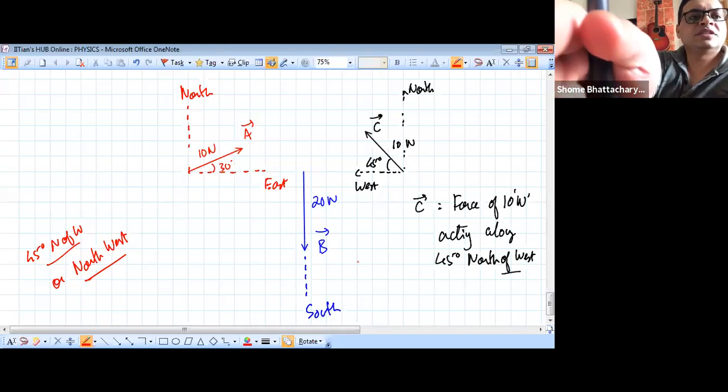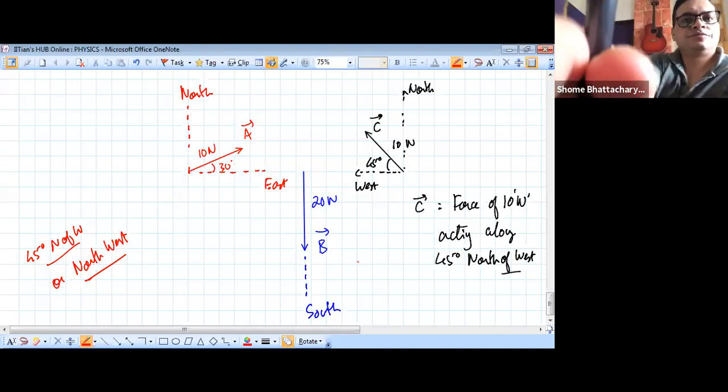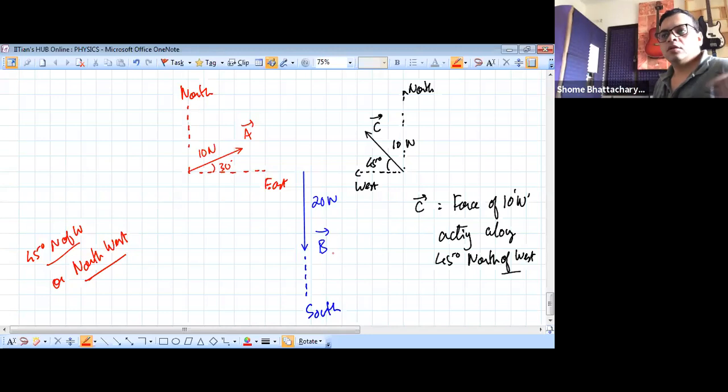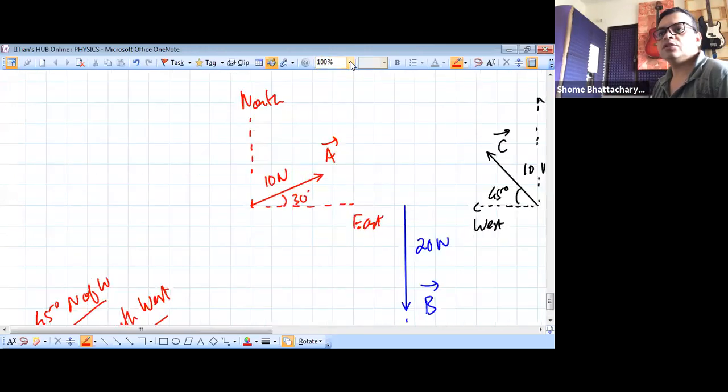Okay, people, so hope this example is clear to all of you. Okay, now let us come to our first vector operation using this.